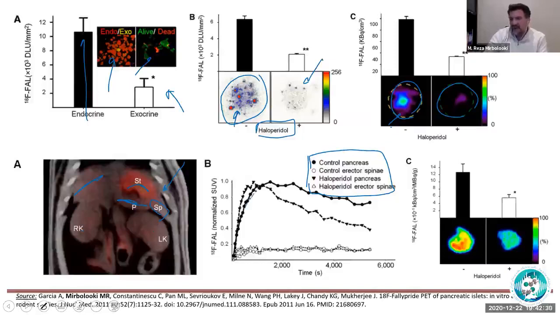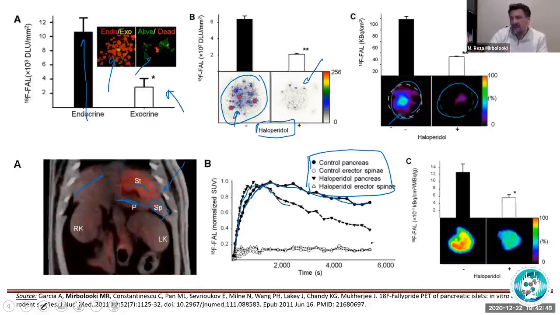You see that with fallypride, the uptake goes high and then remains at the higher level. When it's injected with haloperidol as well, it goes up, but then it falls off from the D2 receptors because of that competition.